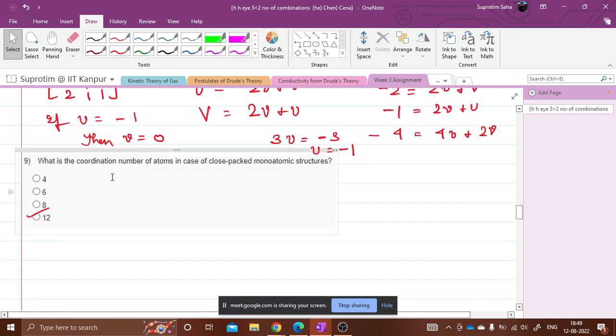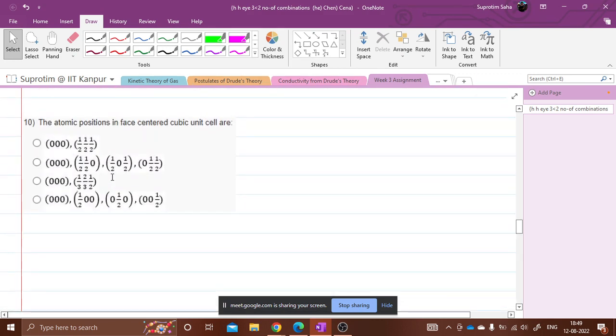So the next question is the atomic positions in face-centered cubic unit cell. All right, so let me just draw a face-centered cubic unit cell. So this is your cube.